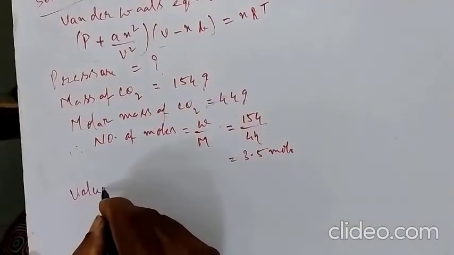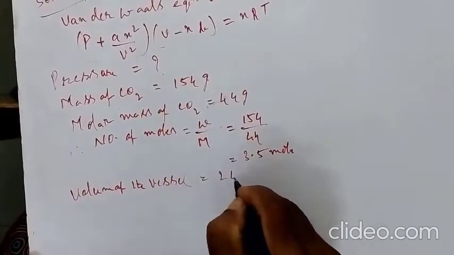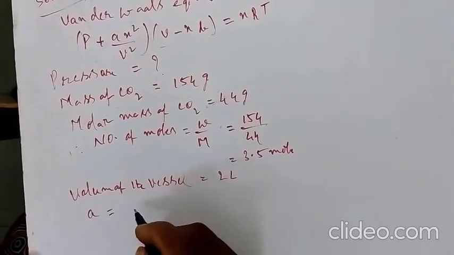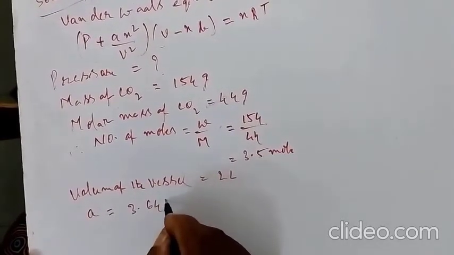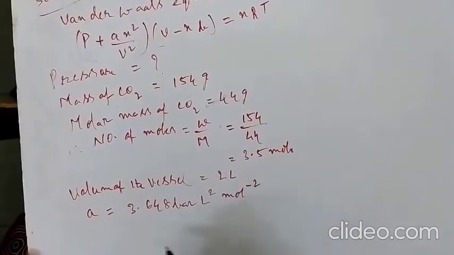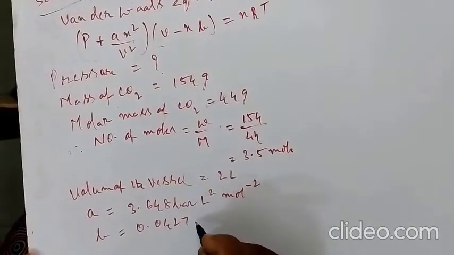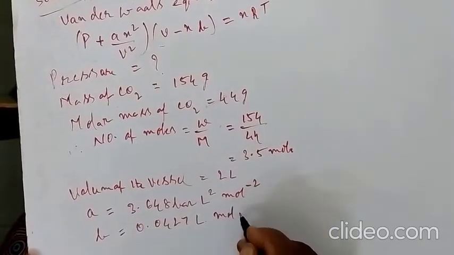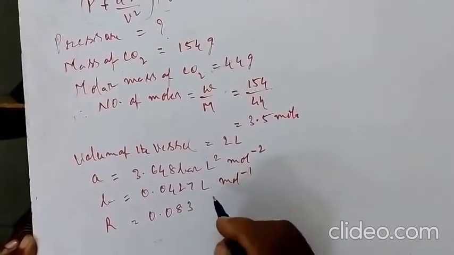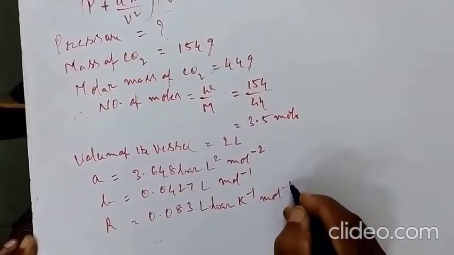Now volume of the vessel equal to 2 liters. Van der Waals constants a equal to, what is a given? 3.648 bar liter square mole minus 2 and b equal to 0.0427 liter mole minus 1 and gas constant R equal to 0.083 liter bar K minus 1 mole minus 1.